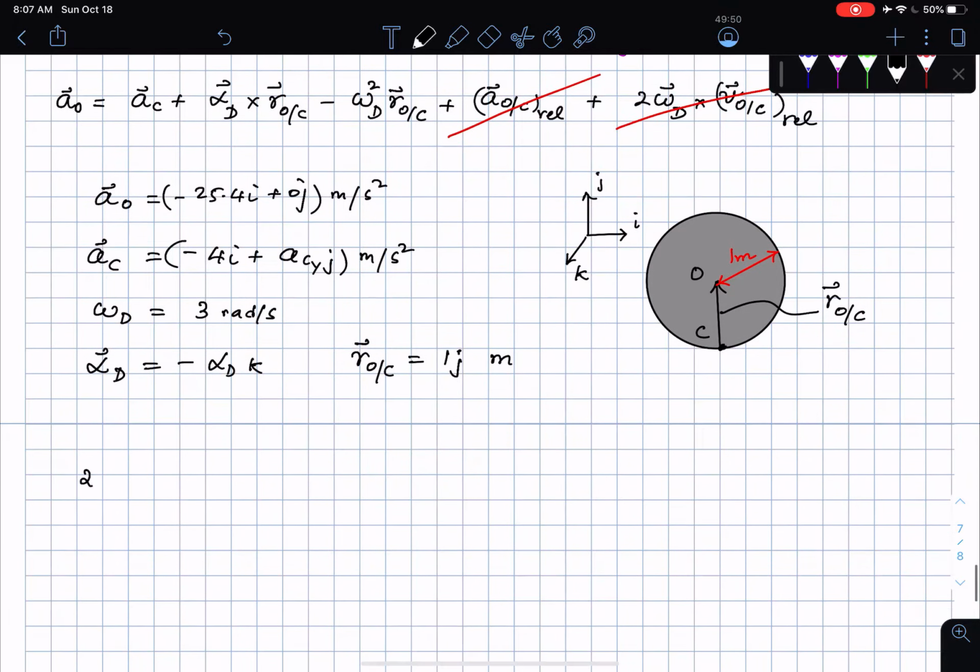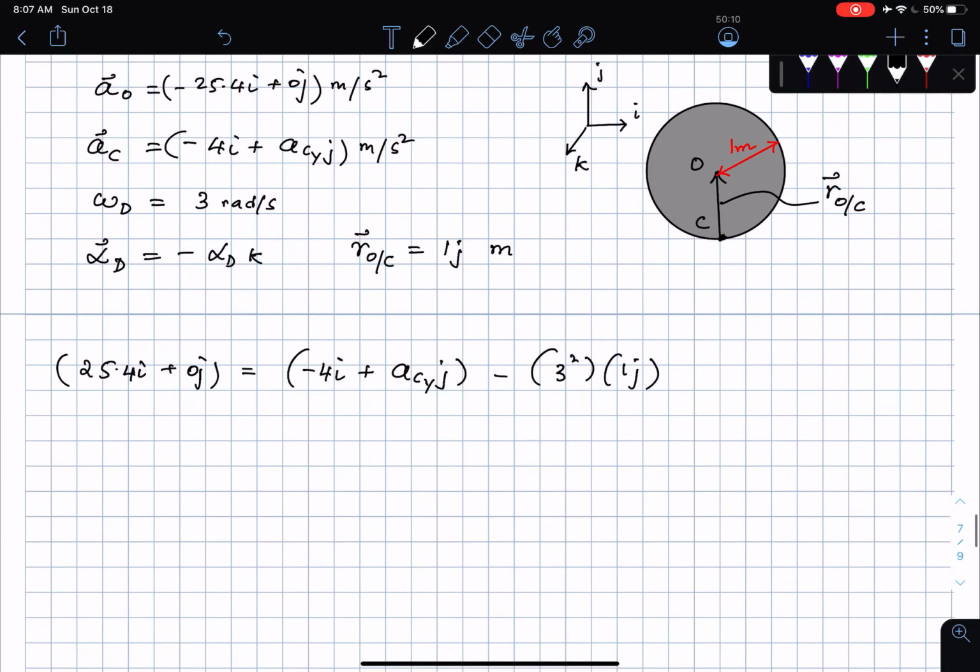Okay, then take all of these and substitute it. So this is 25.4i 0j. This is equal to minus 4i plus acy in the j minus omega square of the disk, which is going to be 3 square times 1j. That's about it, right? Then I equate the i and the j terms.